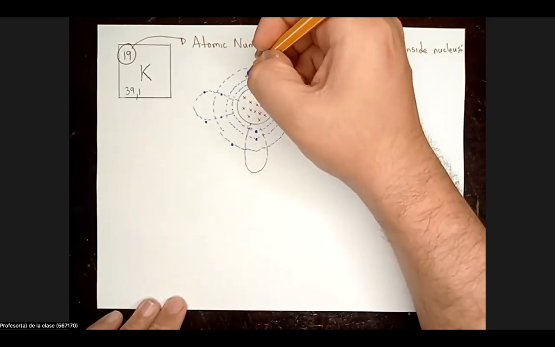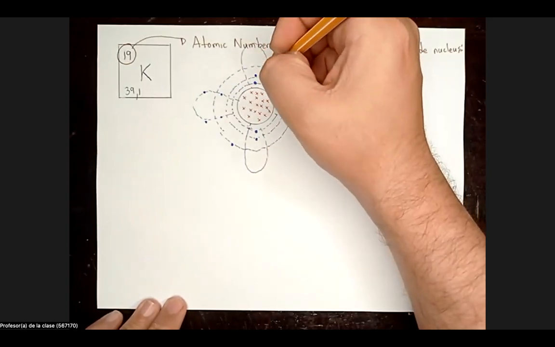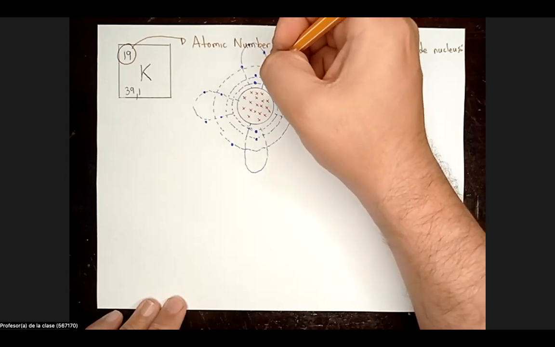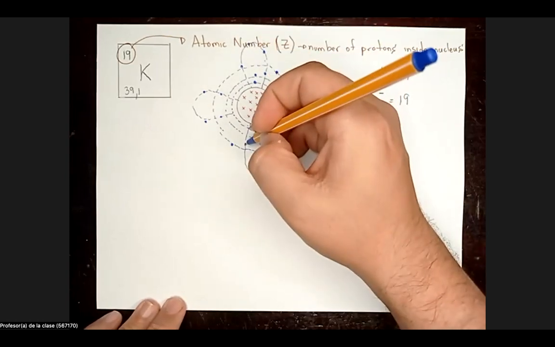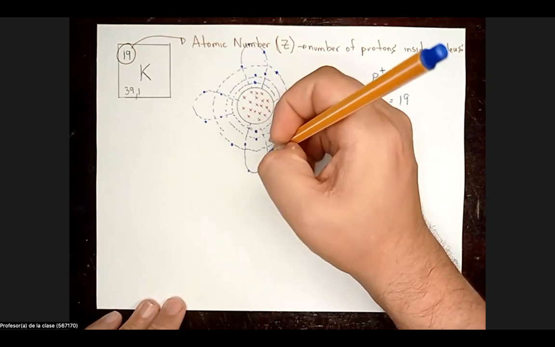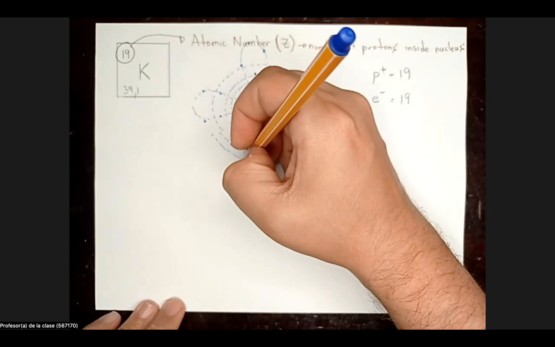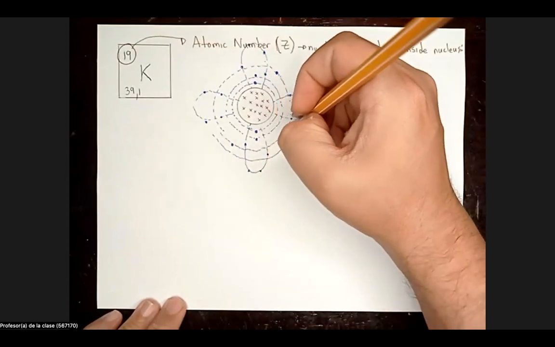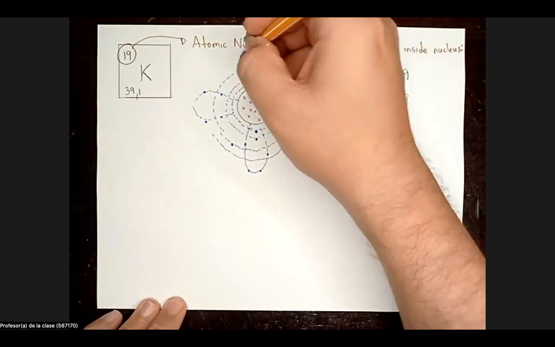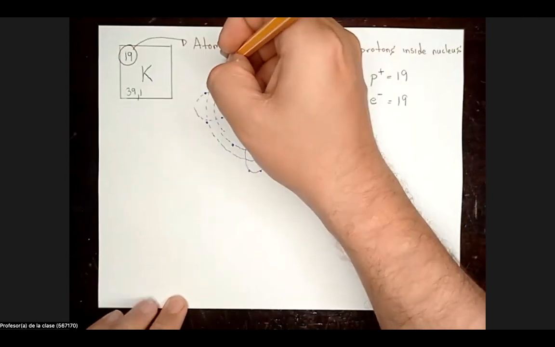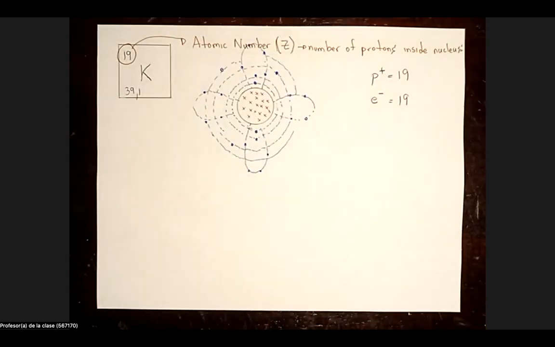I will explain this later. I am just drawing the atom very precisely. So that's it, I am drawing 18 electrons around the nucleus.